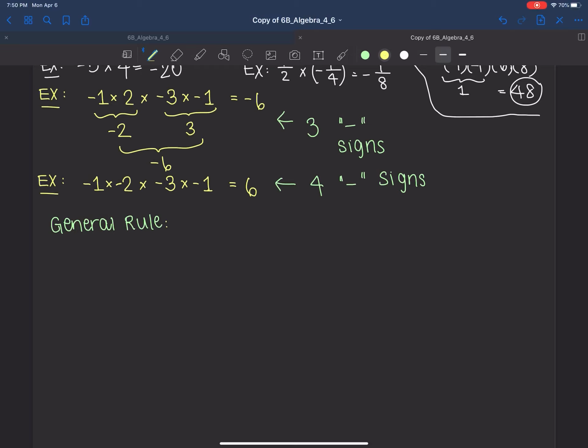If you have an odd number of minus signs in your factors, then the answer will have a minus sign. And if you have an even number of minus signs, then the answer will be positive.